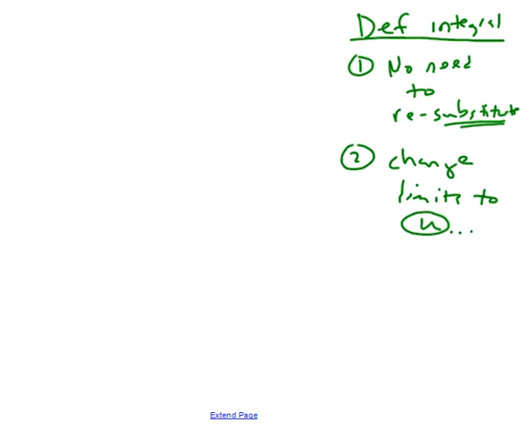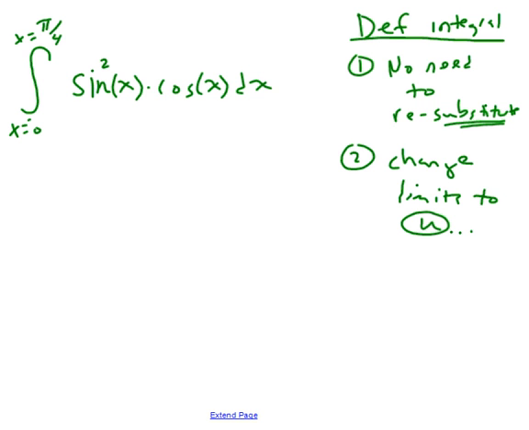All right, what do we mean by that? So let's imagine that we have the integral of sine of x squared times cos of x dx, and we're going from x equals 0 to x equals pi over 4.